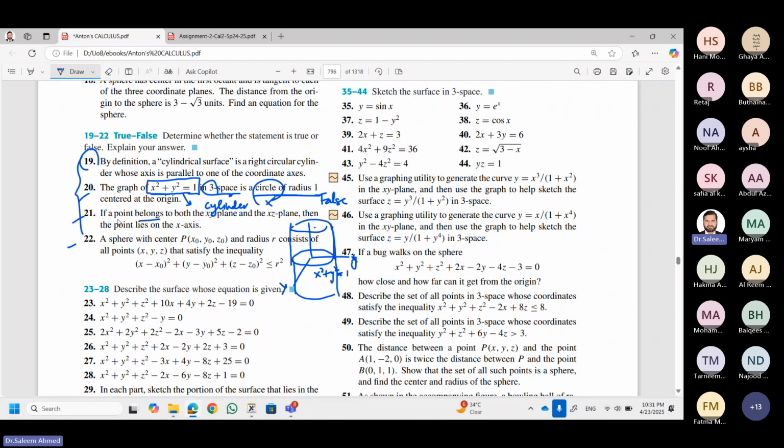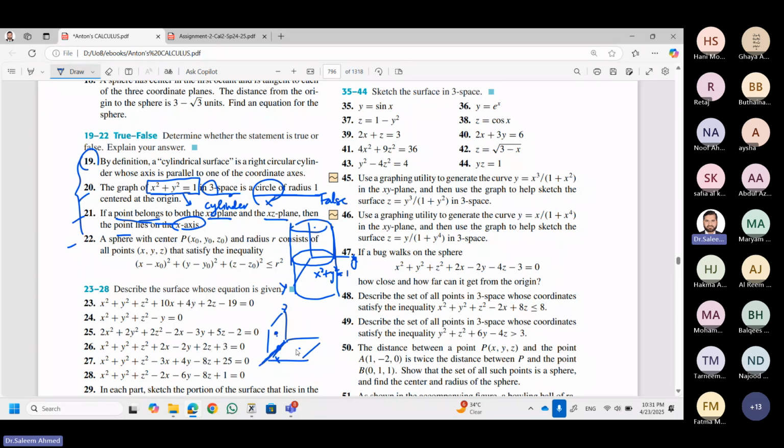If a point belongs to both the xy plane and the xz plane, then the point lies on the x-axis. Yes, it is true, because you see, the xz plane is this one and the xy plane is this one. So if a point is on the xz plane and on the xy plane, it has to be on the x-axis.